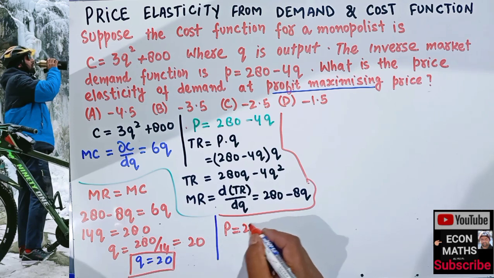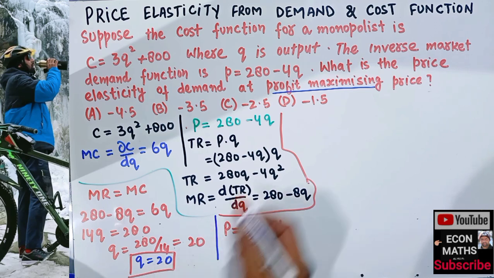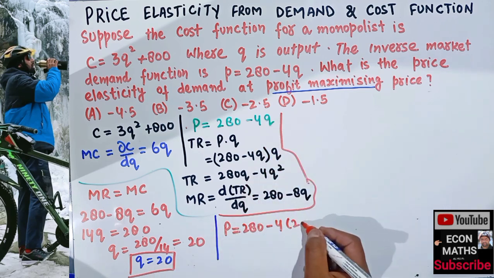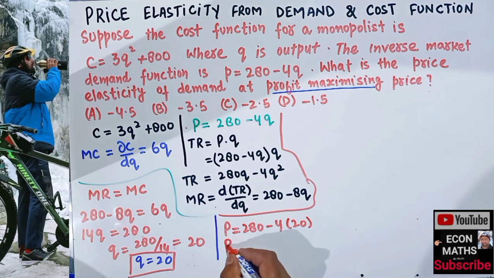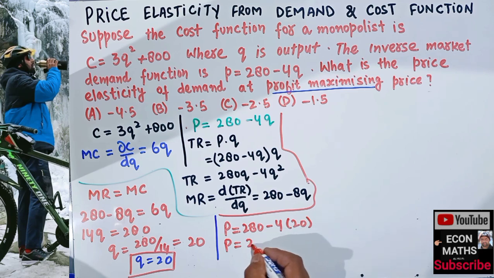So P = 280 - 4 into 20, which is 80. This comes out to be 200. So the profit maximizing price is 200, and the profit maximizing output is 20. Okay, so we are done with this.